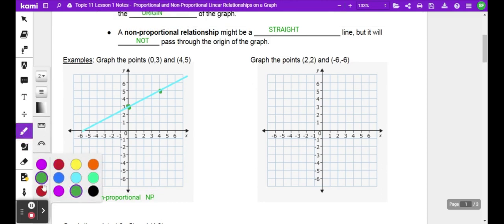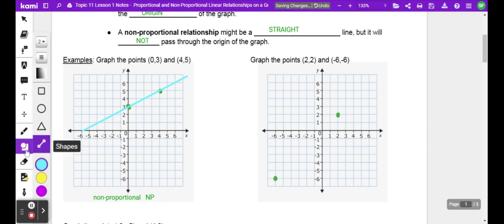I'm going to graph these 2 points. 2, 2: I would start at the origin, go right 2, up 2, and plot my point. And then -6, -6: I would start at the origin, go left 6, and then down 6. I have my 2 points. I can use my straight edge to connect those dots as best as possible to form our line.